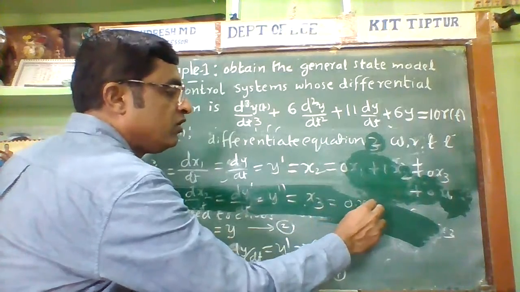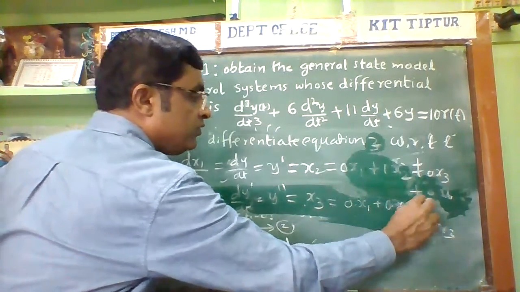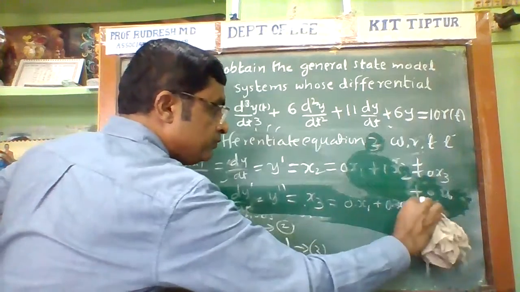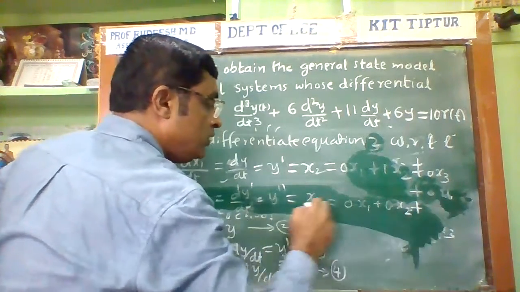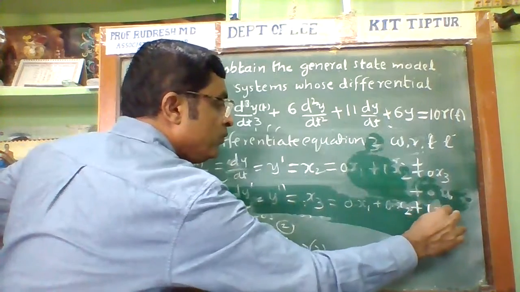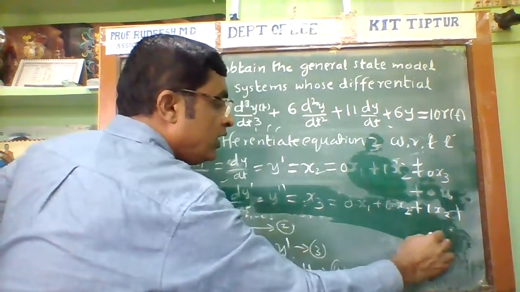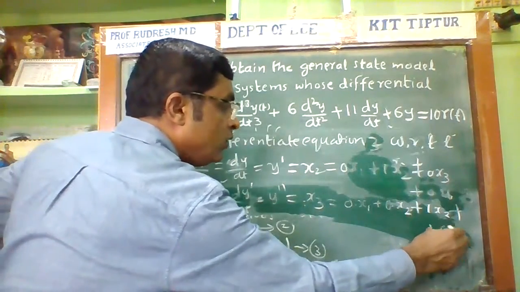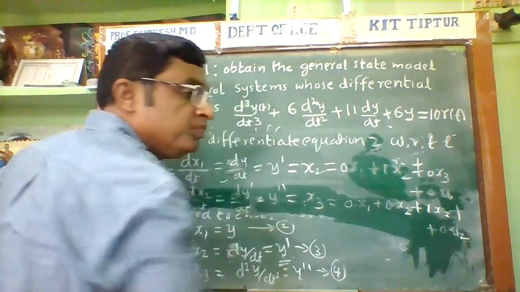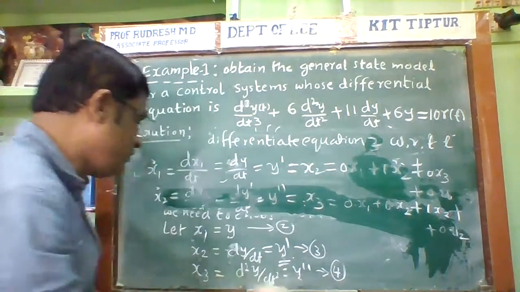Therefore this can be written as 0 into x1, 0 into x2, plus 1 into x3, plus, since this term is also absent, 0 into u2.